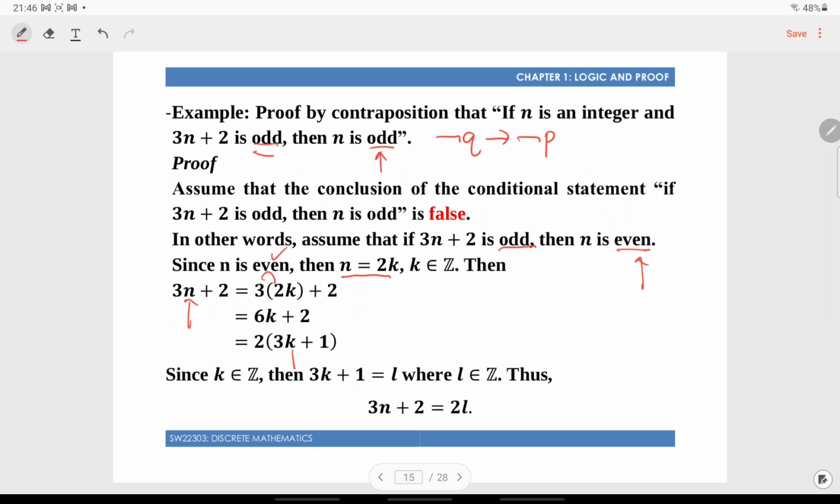So since k is an integer, 3k plus 1, if you replace k with any integer, the outcome is also an integer. So we can substitute 3k plus 1 as L, where L can be any integer. Thus, 3n plus 2 can be rewritten as 2L. 3n plus 2 equals 2L.